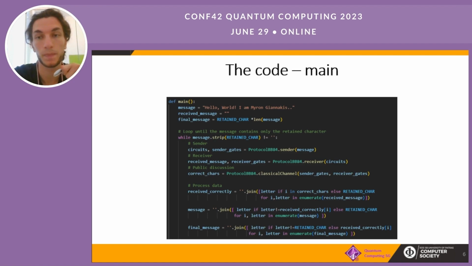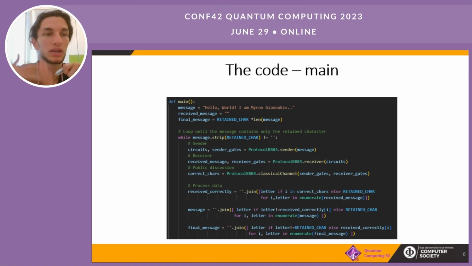So the receiver gets as input only the circuit, because we're talking about the quantum channel, and then the classical channel method gets as inputs the gates that Alice and Bob have applied.